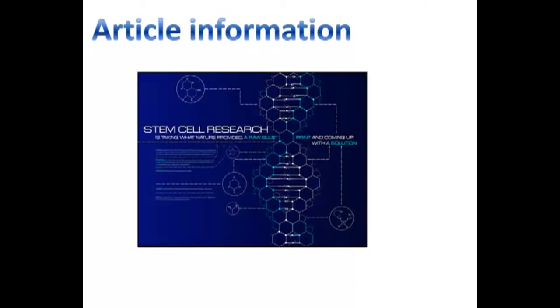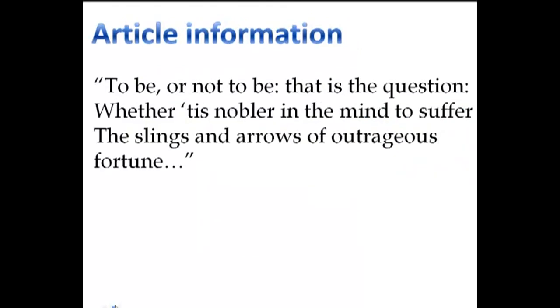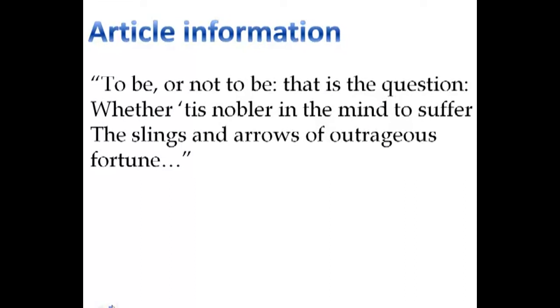When doing research, different pieces of information are important to different disciplines. In the sciences, it is important to know how current an article is. When a researcher references another article, he needs to let his reader know the year the article was published. When writing about literature, researchers will often quote the work of literature. It is important for them to tell their reader where the original quote can be found.